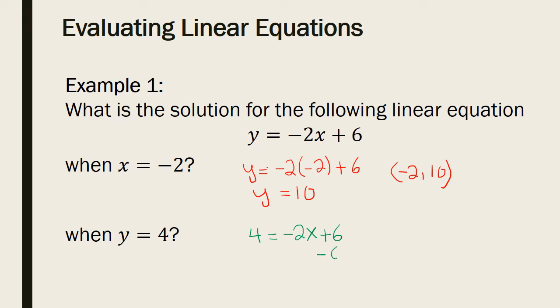I'm going to take away 6 from both sides. And then I'm going to end up with negative 2 equals negative 2x. I'm going to divide by negative 2 on both sides so I can isolate the x. And x in this case is going to be 1. So the solution for this linear equation when y is 4 is (1, 4).